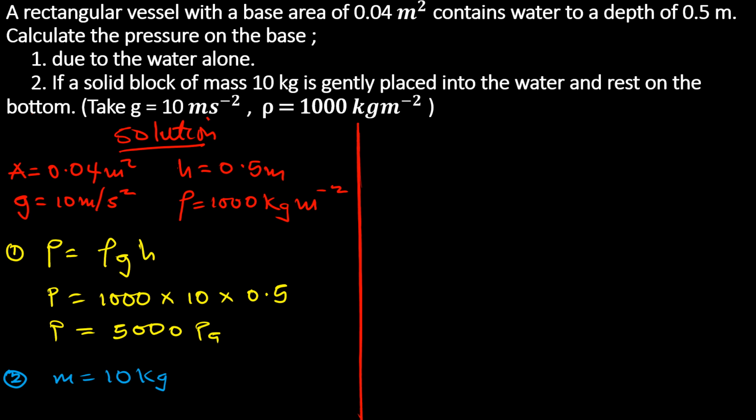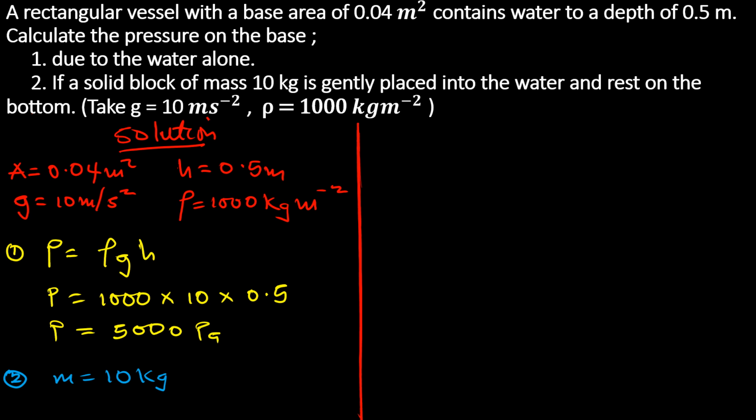The first pressure is from the water in the vessel, and the second pressure is from the solid block, which is also in the vessel. So we can only calculate the pressure on the base of the vessel once we calculate the pressure from the block, and then we add it to the pressure of the water on the base.